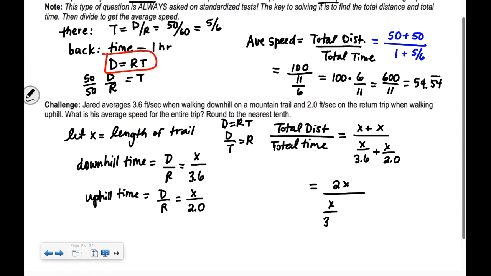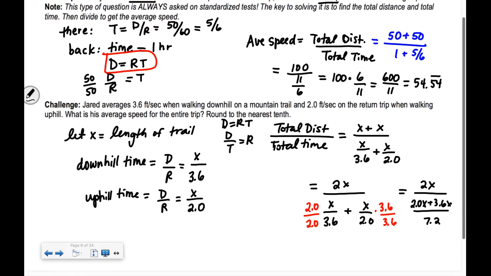And then I have x over 3.6, and we have x over 2.0. So we're going to multiply by 2.0 over 2.0, and we're going to multiply by 3.6 over 3.6. So we get 2x over 2.0x plus 3.6x all over their common denominator of 7.2.